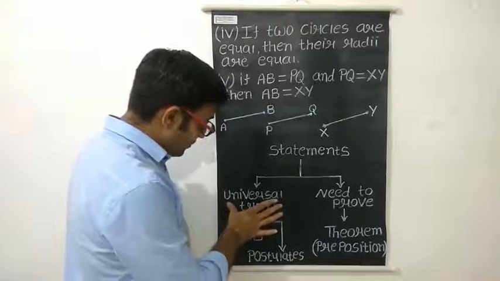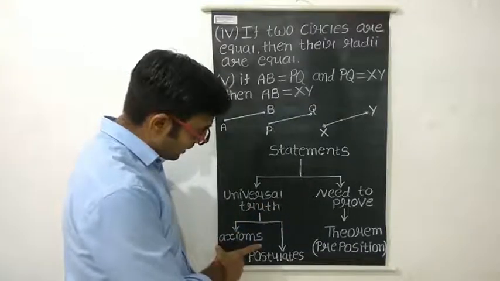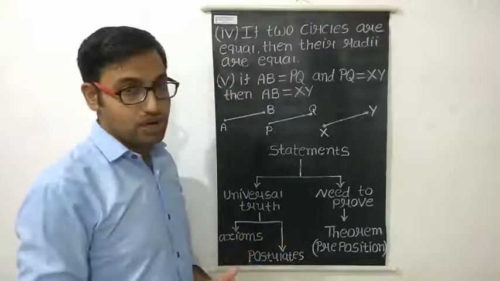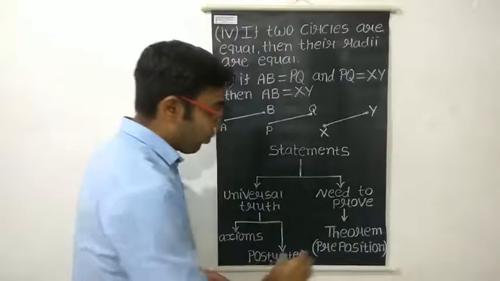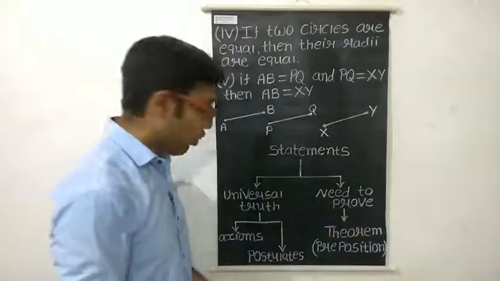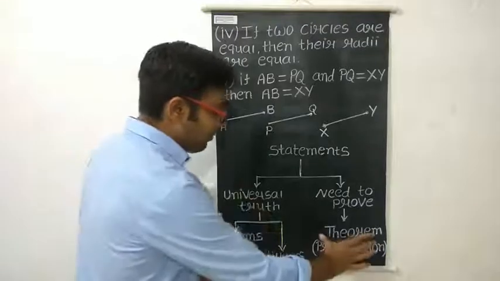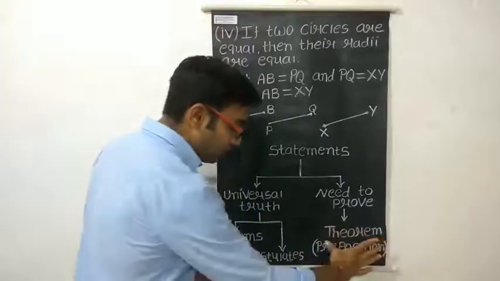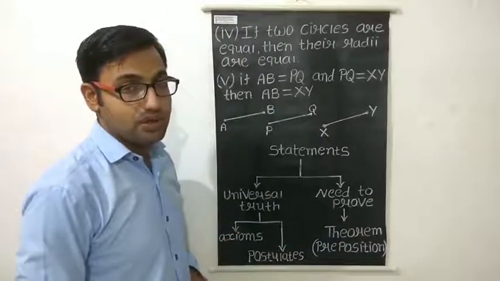The statements which are universal truths we call axioms and postulates. And the statements that need to be proved are called theorems or propositions. On what basis do we prove the theorem? We can prove the theorem on the basis of axioms and postulates.